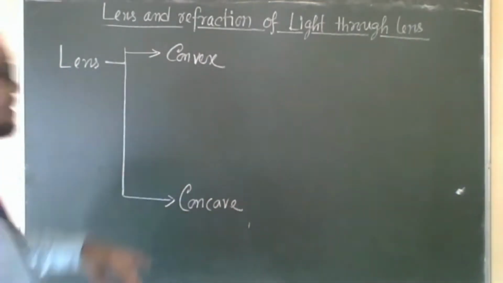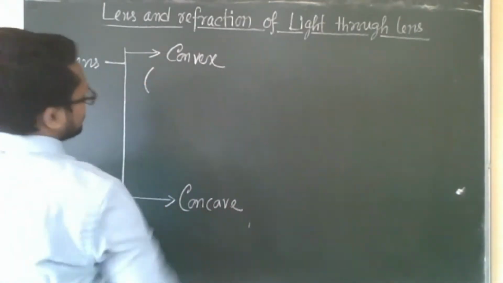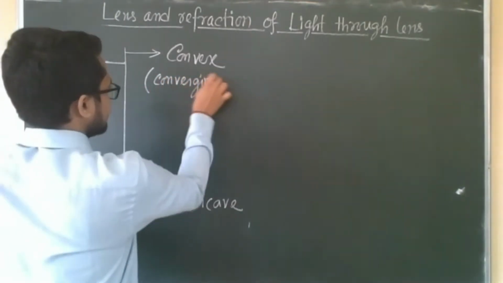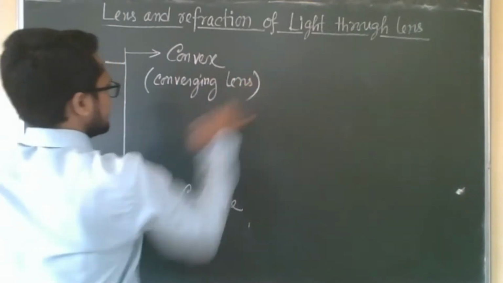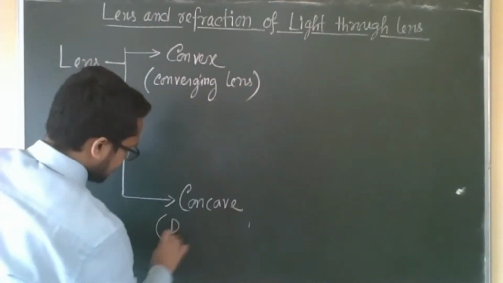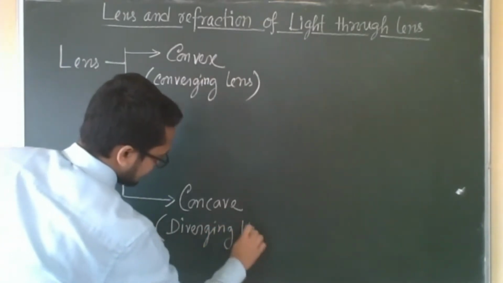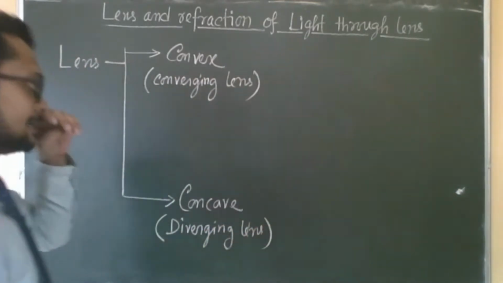A convex lens is also known as a converging lens, and a concave lens is also known as a diverging lens.